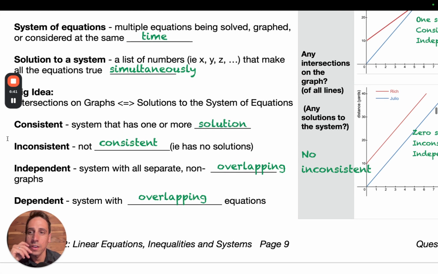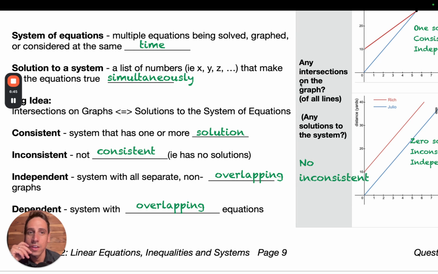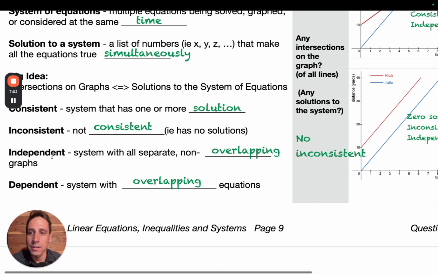Consistent is anything that answers yes to this question: are there any intersections in the graph? Yes. A consistent system is a system that has one or more solutions. The opposite of that is inconsistent, or not consistent. Therefore, it's something that has no solutions. Then we've got 2 other opposites here. Independent is a system with all separate, non-overlapping graphs, and dependent is a system with overlapping graphs.